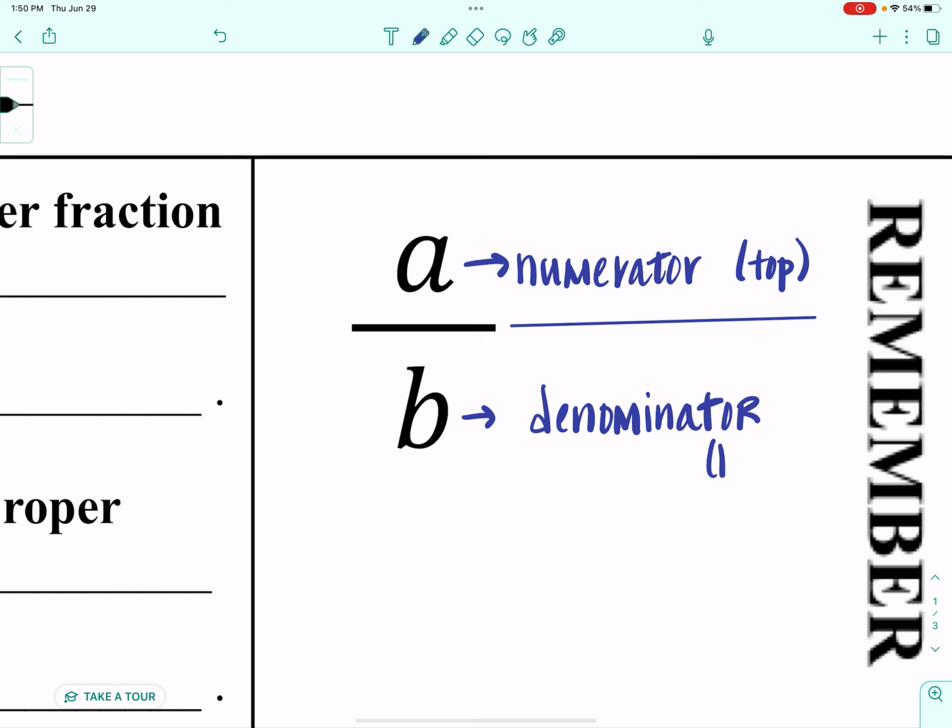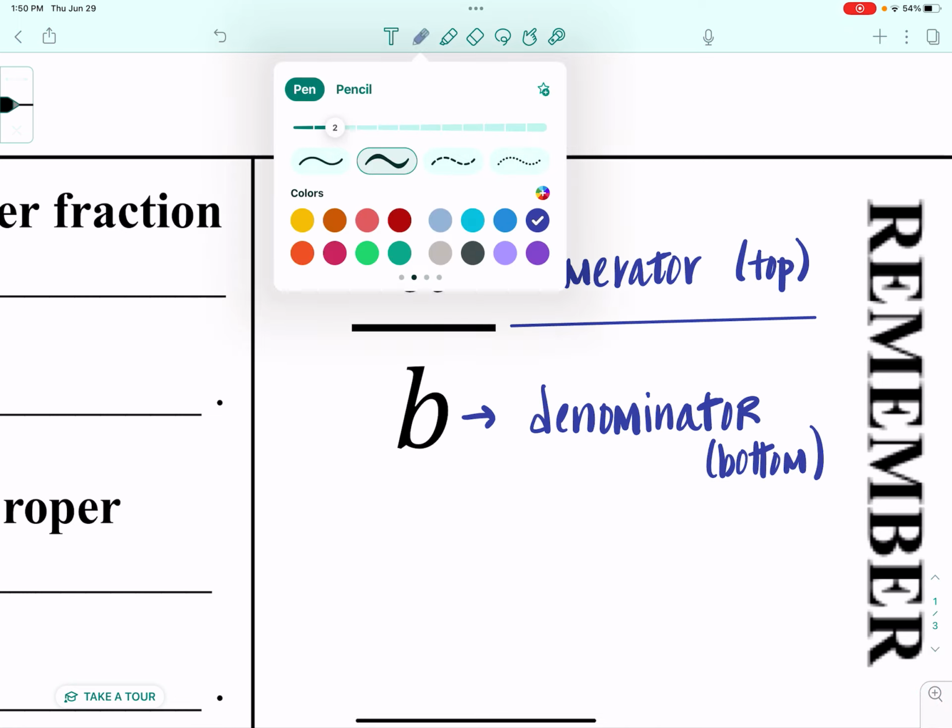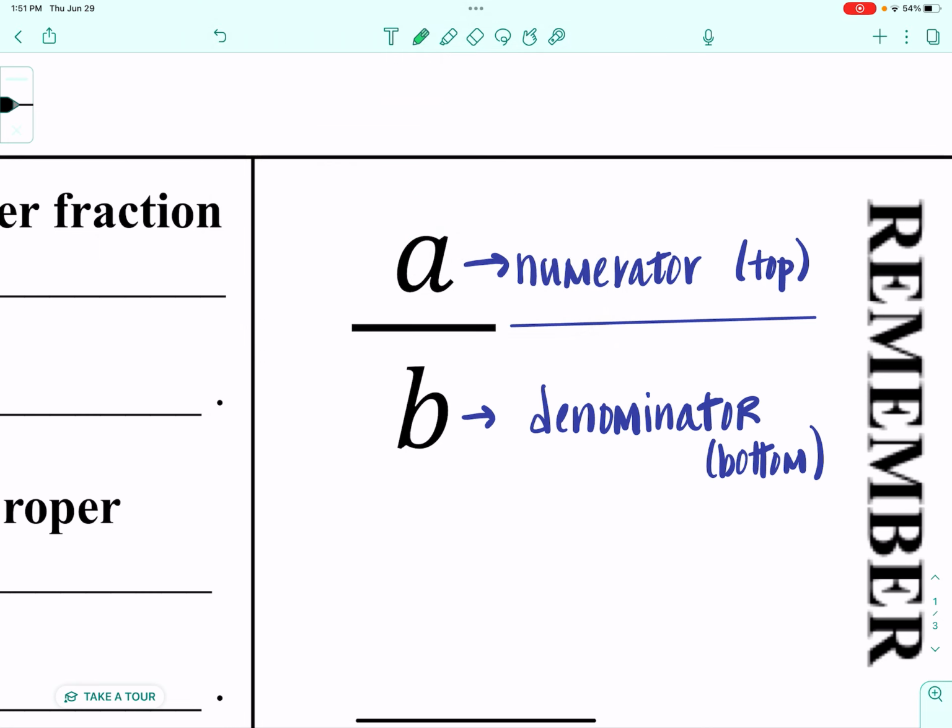That's the bottom. And if you have trouble remembering which one is numerator and denominator, D also starts the word down, so the denominator is down below the numerator.